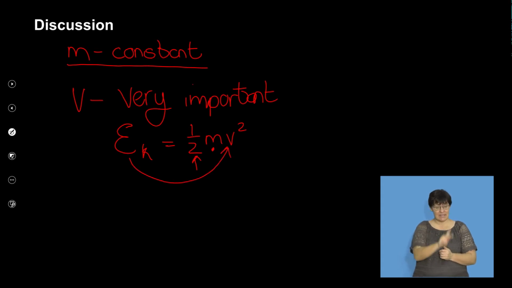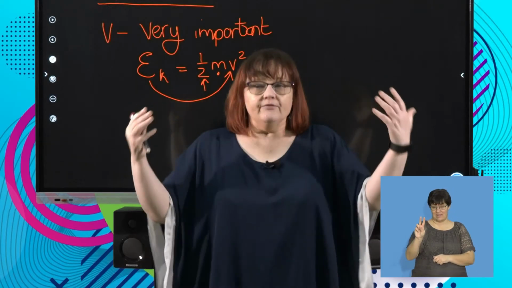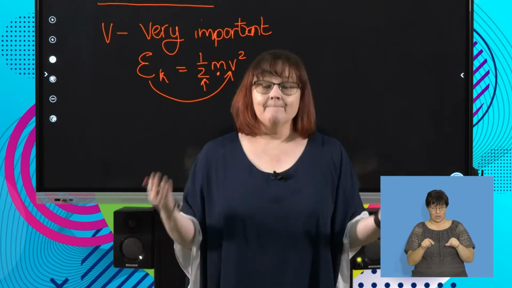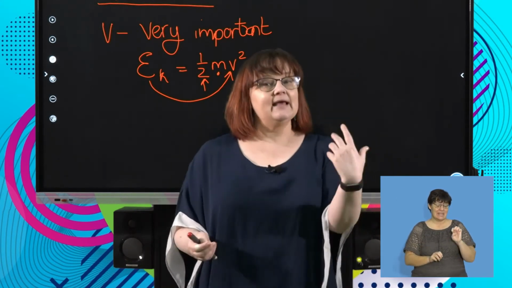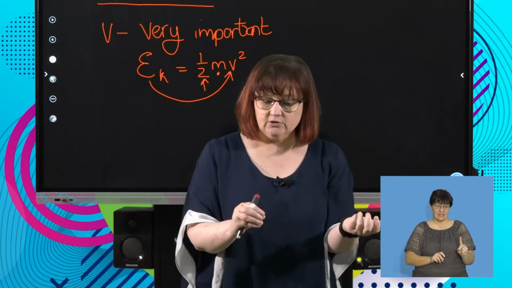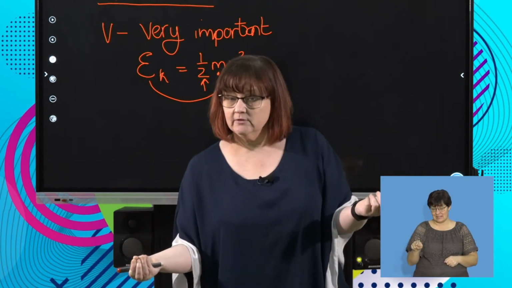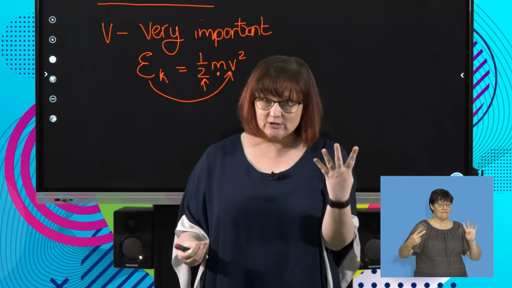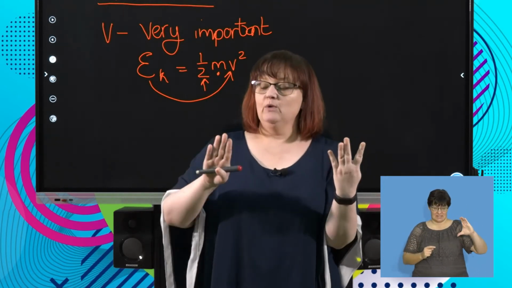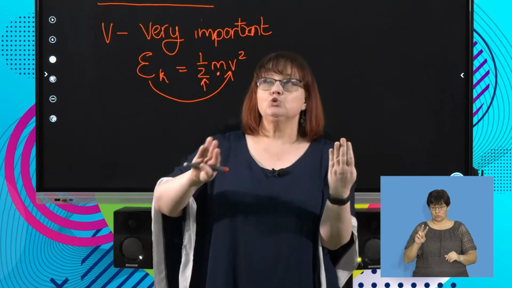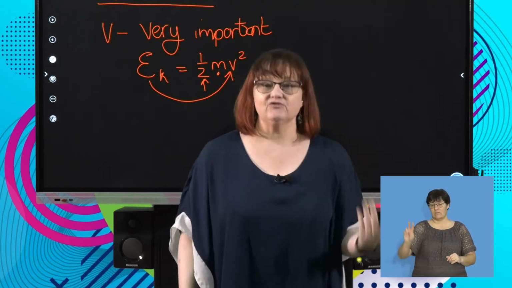Kinetic energy and velocity, this one's a little more complicated because it's v squared. Kinetic energy is directly proportional to the velocity squared. So if velocity doubles, kinetic energy becomes 4 times bigger because we went 2v, 2 squared is 4.